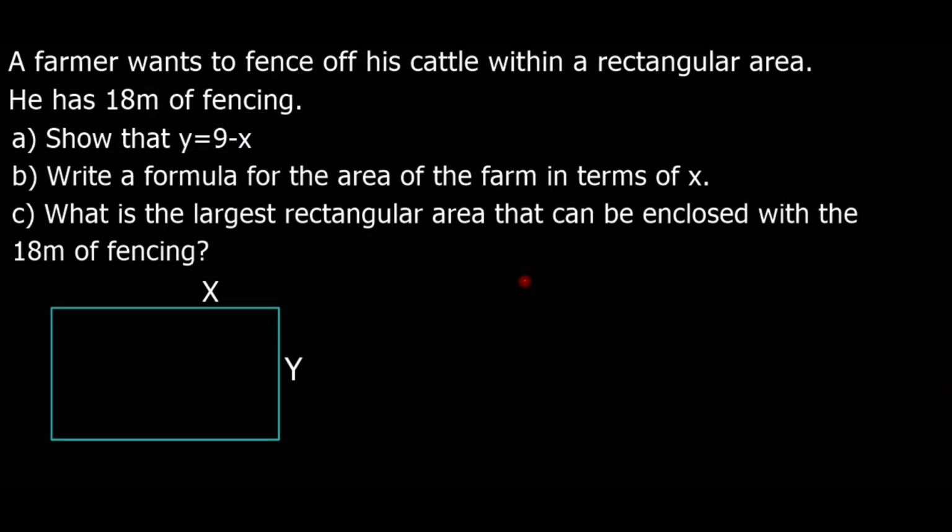And then part B: write a formula for the area of the farm in terms of x. What we know is that the area of a rectangle equals length times breadth. Because our length is x and our breadth is y, we use these variables: x times y.